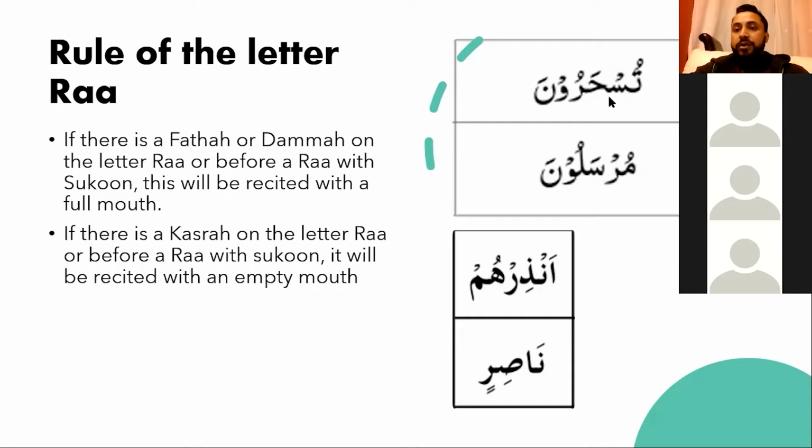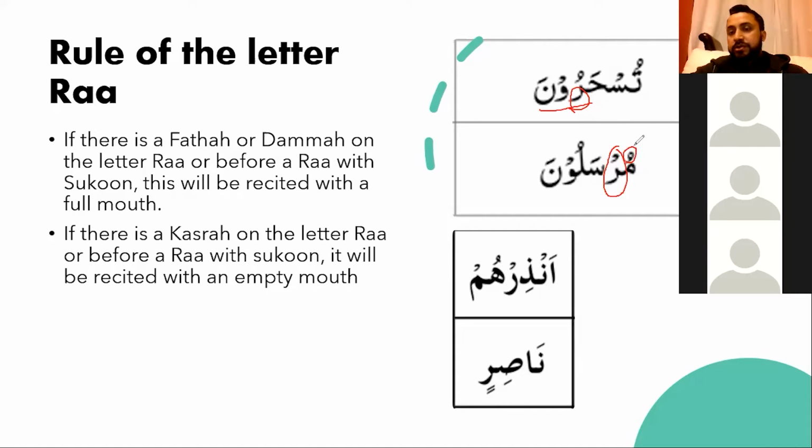In the first one, tuhsaruna, the Ra has a dhamma on top of it, hence this Ra will be recited with a full mouth. With the Ra sukoon, there's a dhamma just before that. Both share the same rule.